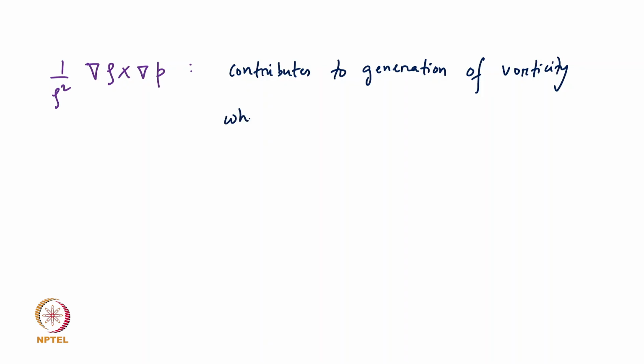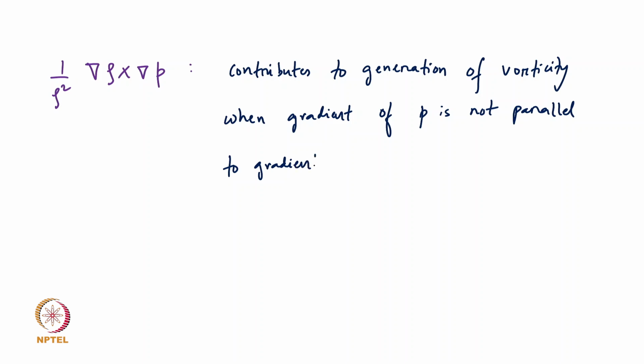First of all, this term represents or contributes to the generation of vorticity when gradient of p is not parallel to gradient of rho. That is, the surfaces of constant pressure and constant density are not parallel to each other.